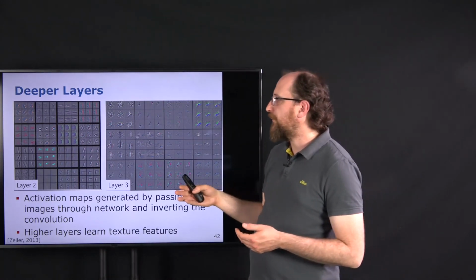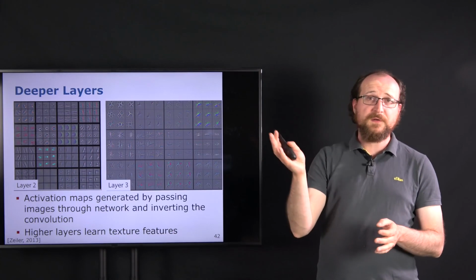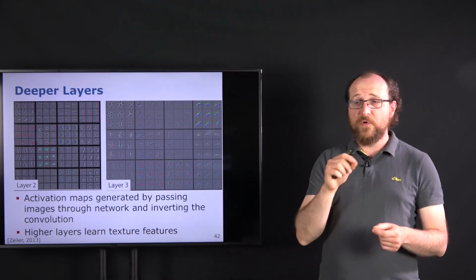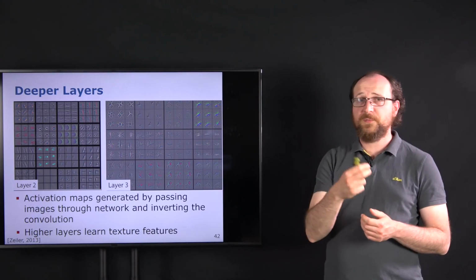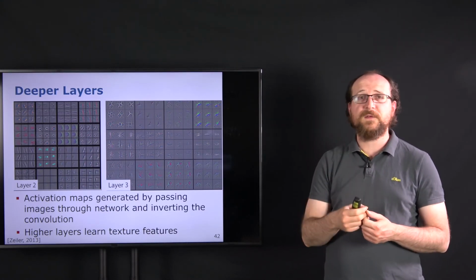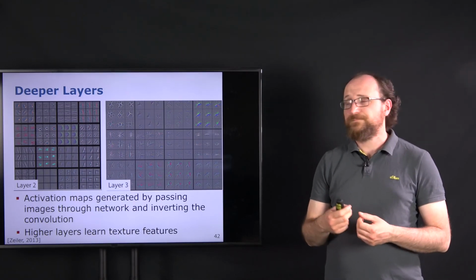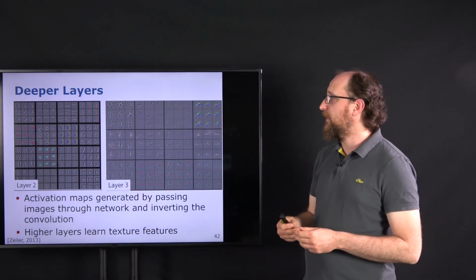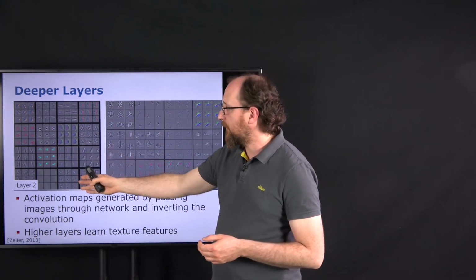And by using this idea, passing in images and then looking at the parts in the image where the specific layer or the specific kernels are highly activated, you can visualize basically what the network does internally. And when you do this, you get these interesting visualizations here.